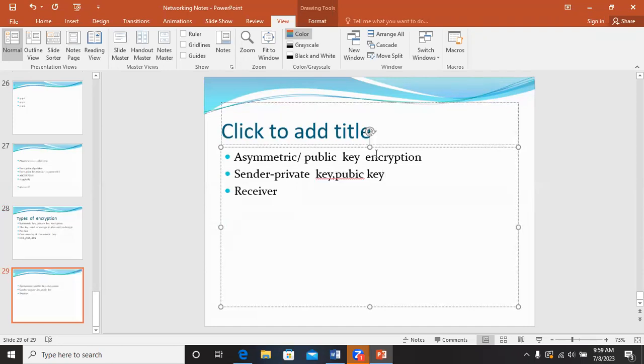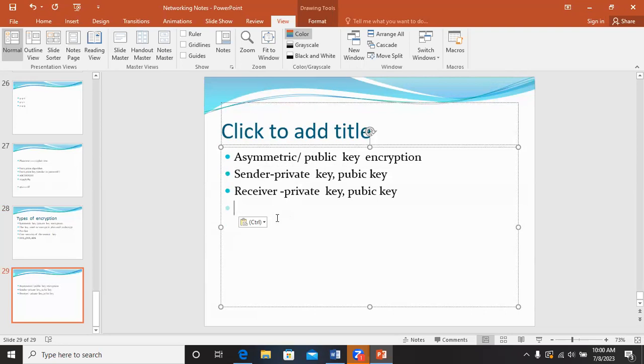Private key, public key. The receiver too will have his own set of private key and public key.